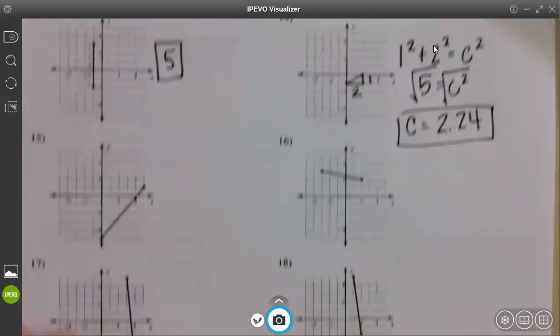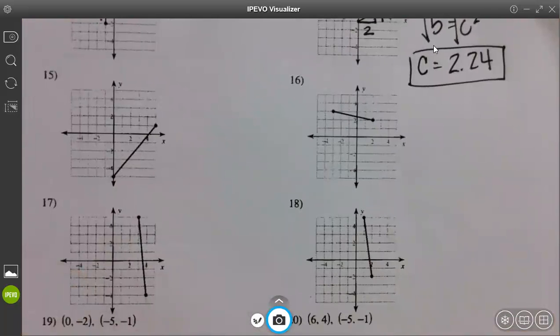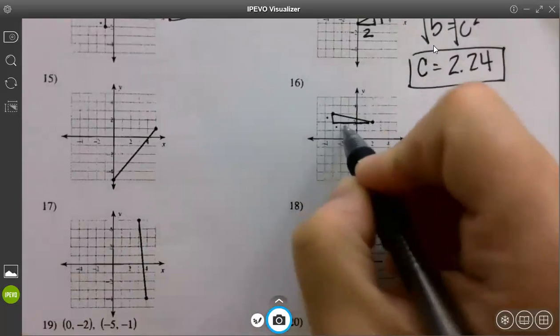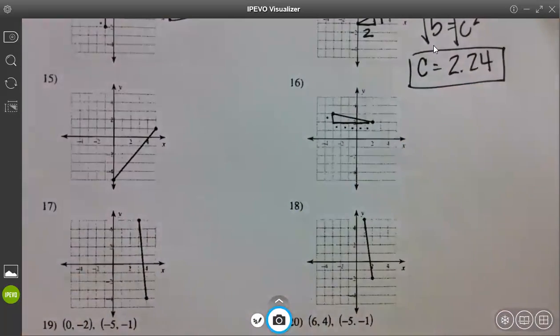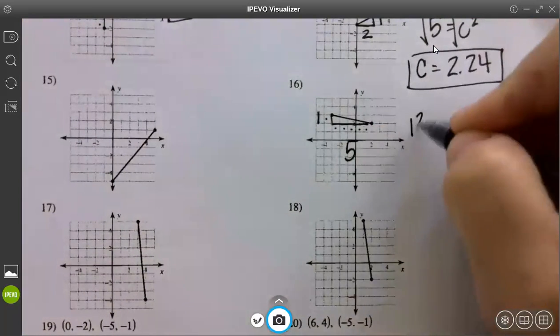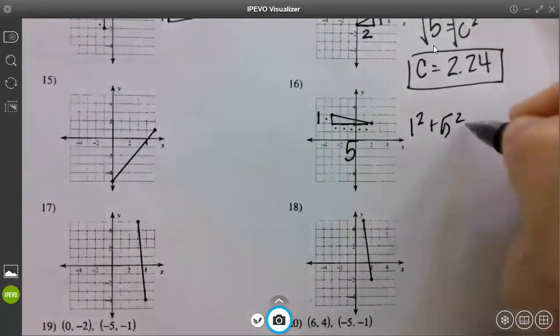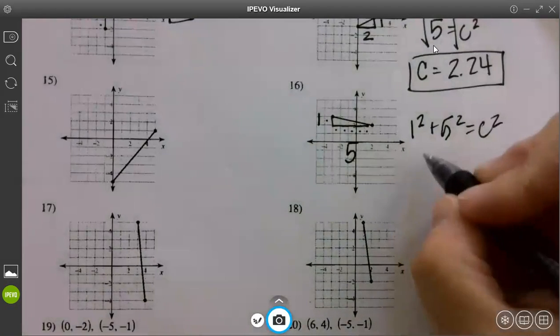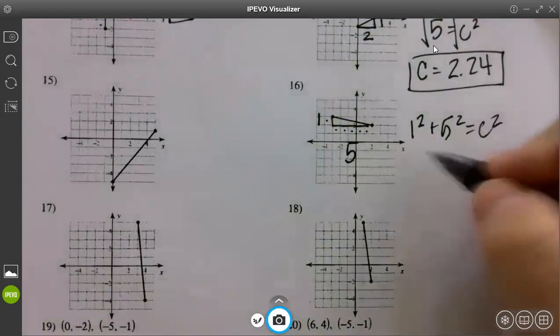All right. We get number 16. Rise 1, run 5. So 1 and 5. We get 1 squared plus 5 squared equals c squared. What is 1 squared plus 5 squared? 26.